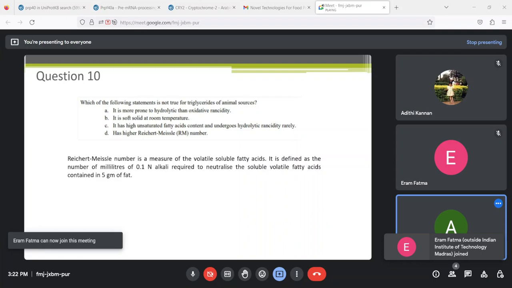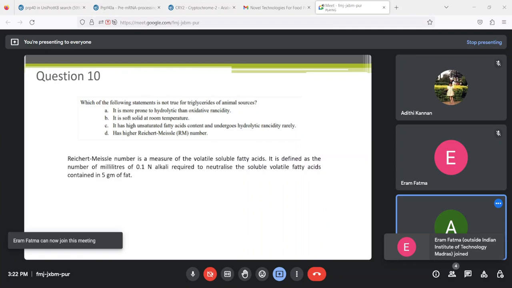A triglyceride is a form of lipid where you have a glycerol backbone, and the hydroxyl residues of the glycerol are esterified to acyl residues. You have three different hydroxyl groups present in a glycerol molecule. So in a triglyceride, all the three hydroxyl groups are replaced by acyl residues.